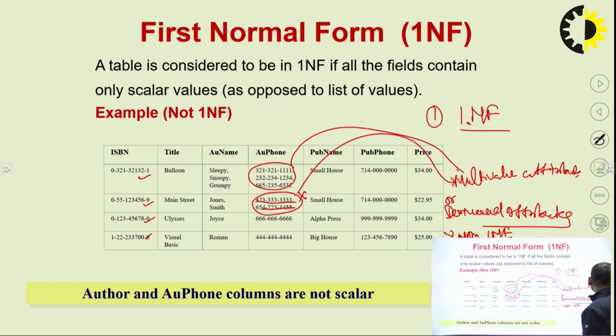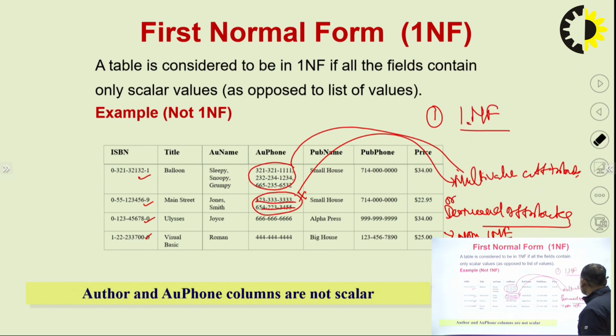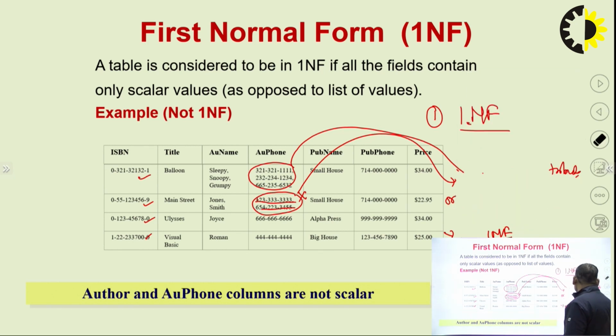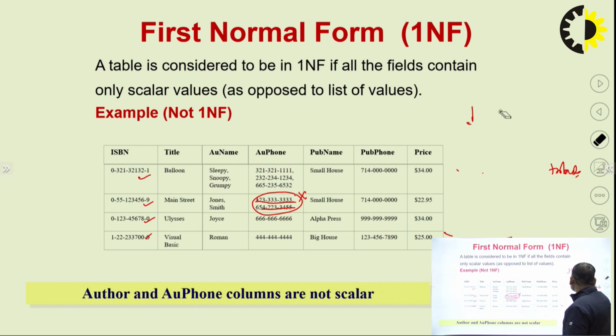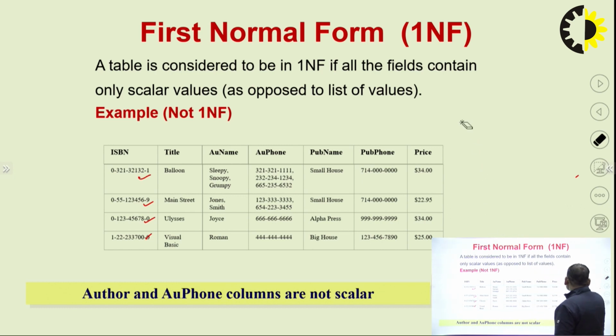So in first normal form, multi-value attributes are not present in the tables. For example, take a student table.